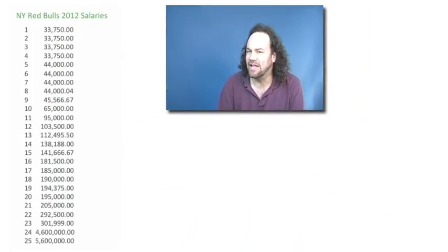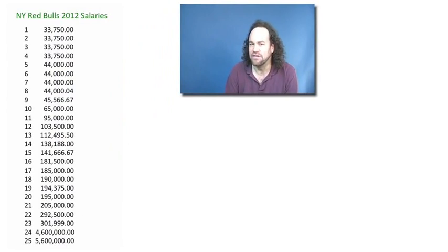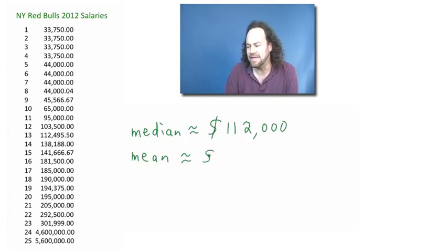We'll be working more with these different measures of spread as we go along. For now, let's consider one last example. Let's consider again those salaries of the soccer players on the 2012 New York Red Bulls soccer team. We already computed that the median of these salaries is about $112,000, and the mean is about $518,000, which is a lot higher.